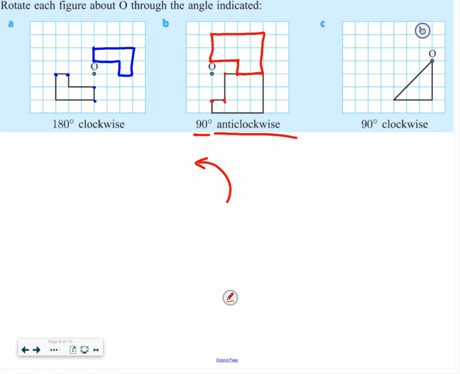Then this triangle, I'm going to rotate 90 degrees clockwise. Clockwise is rotating this way. Maybe this point will be the easiest to start out with. I'm 3 away, rotating it 90 degrees, so I'm going to be 3 away there.